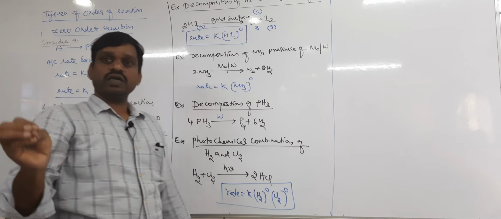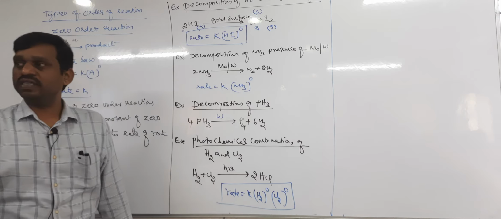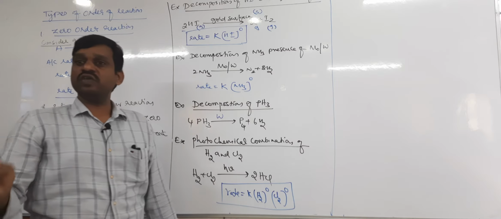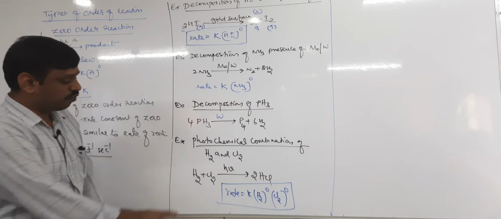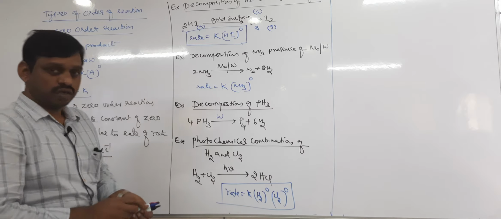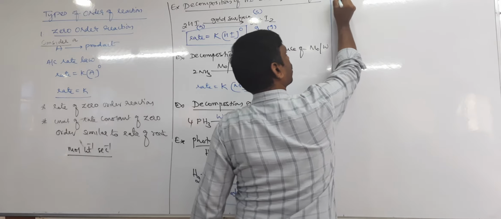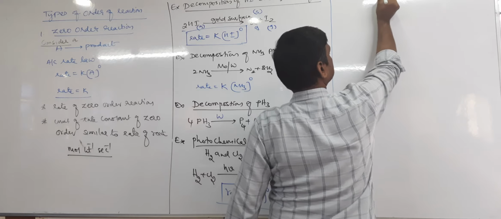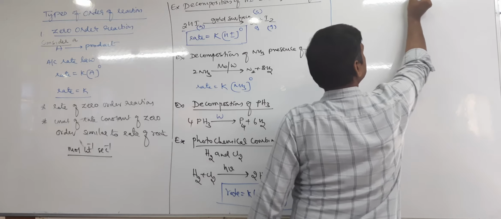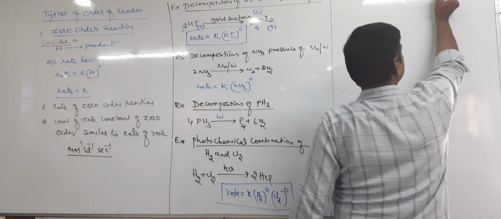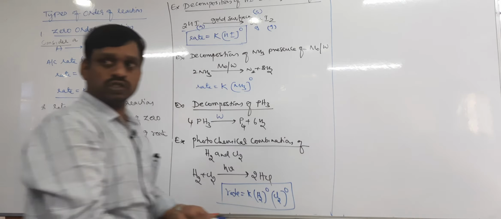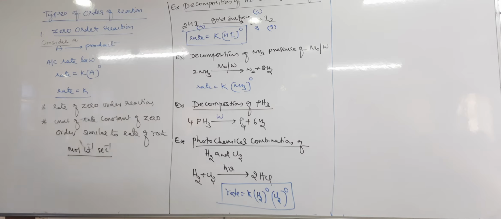If the reactants and catalyst are in different phases, they are called heterogeneous catalytic reactions, which we study in surface chemistry. Therefore, in general, heterogeneous catalytic reactions and photochemical reactions are zero order reactions. So you can remember like this. Note: generally, heterogeneous catalytic reactions and photochemical reactions are zero order.